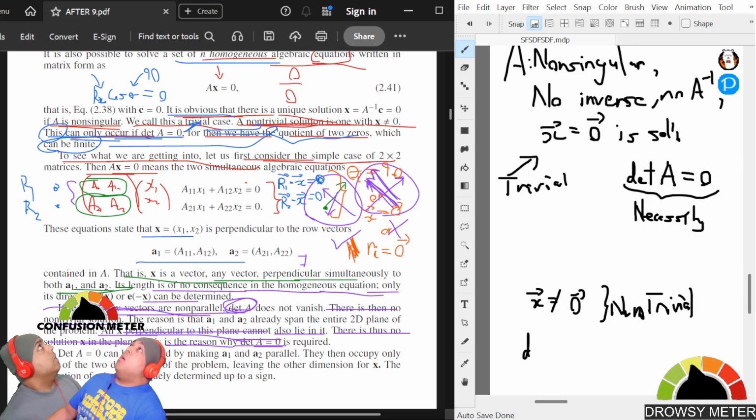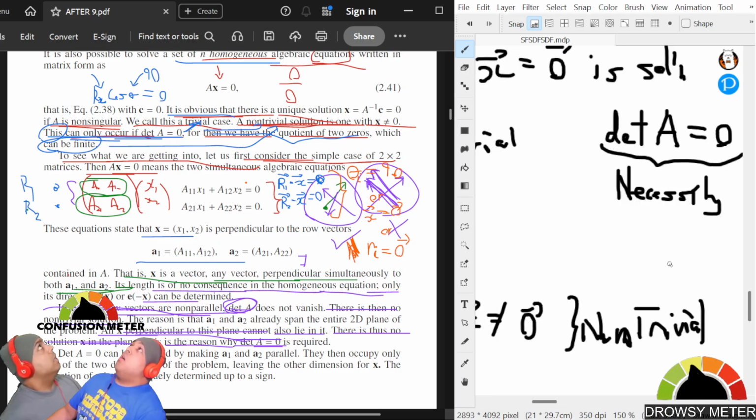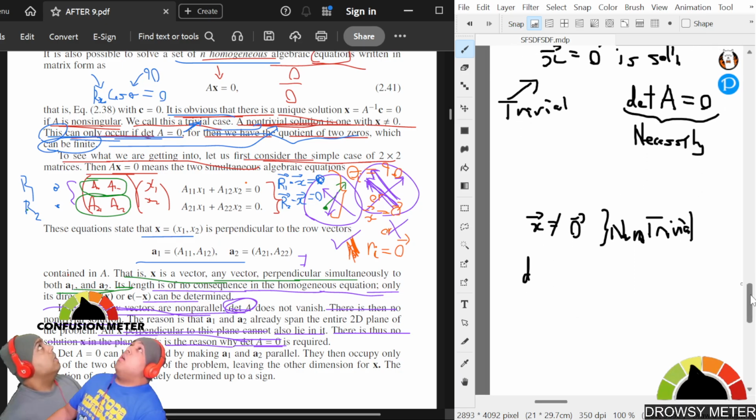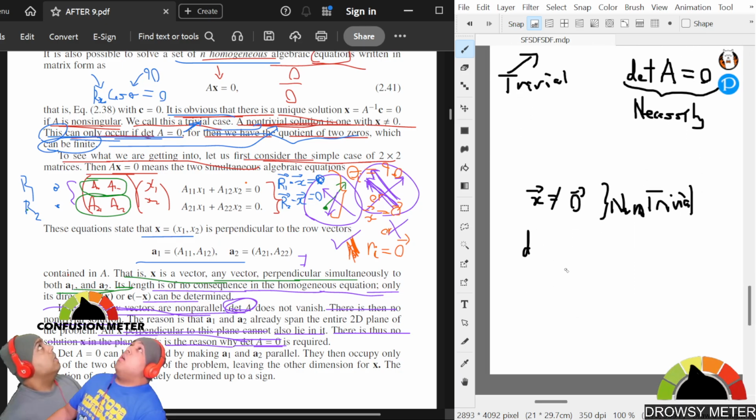Okay, if two vectors are non-parallel, determinant A does not vanish. So what does that mean? That means that there is hope for a non-trivial solution.